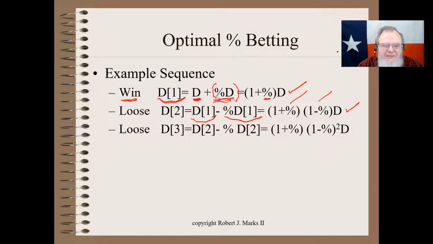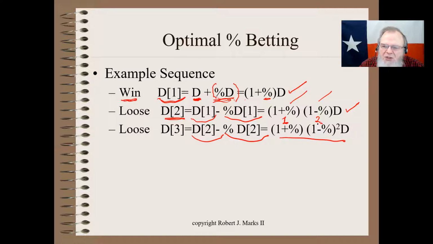D3, let's suppose that you lose again. Well, your new stash is going to be equal to your previous stash, D2, minus the percent that you bet of D2, which can be written as this. We start to see a pattern emerge. This is one win, and this is two losses. So we see that every time we have a win, we raise this to another power.